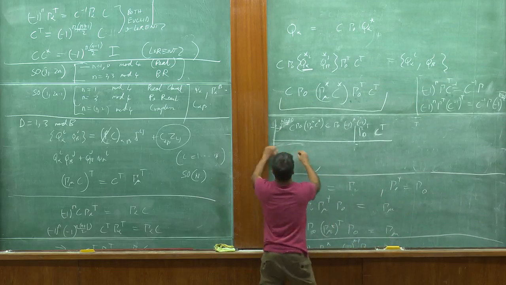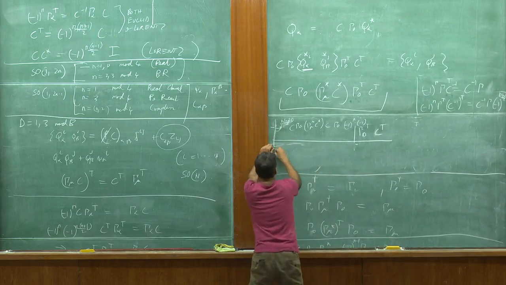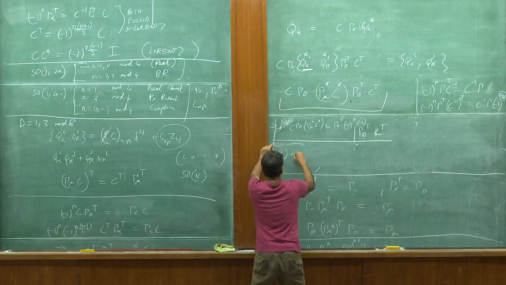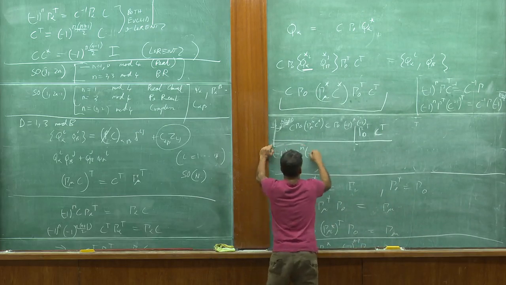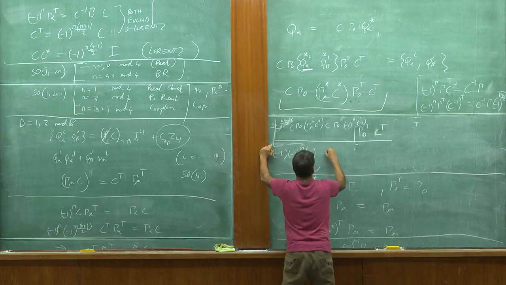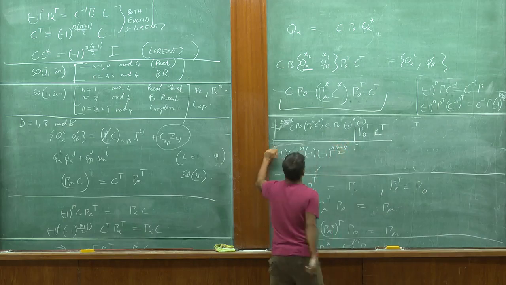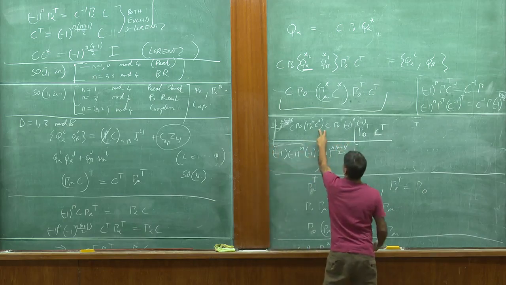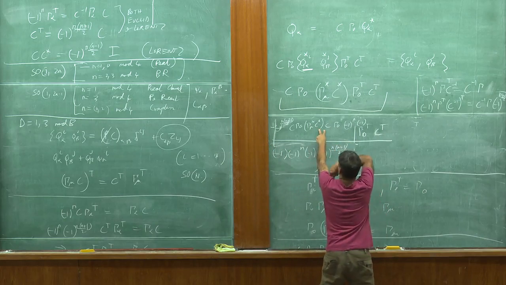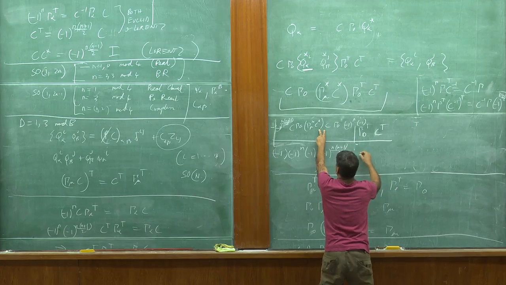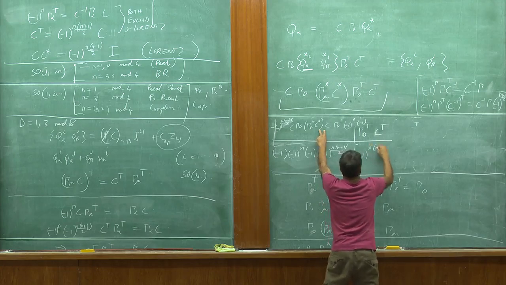So now let's keep track. We had minus 1 times minus 1 to the power n times minus 1 times minus 1 to the power n into n plus 1 by 2. Then we use this guy: CC star is equal to minus 1 to the power n into n minus 1 by 2.